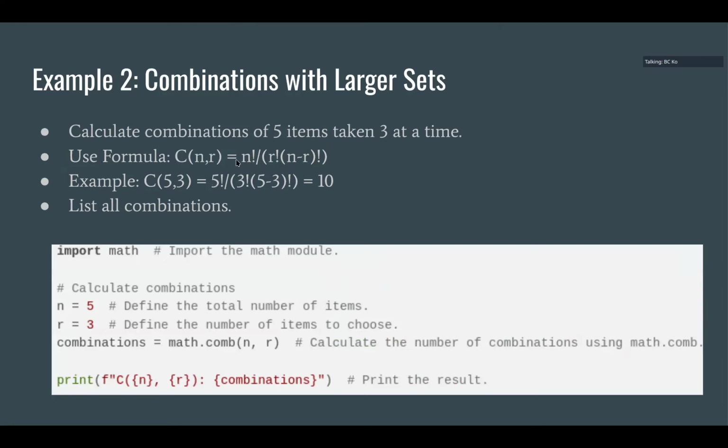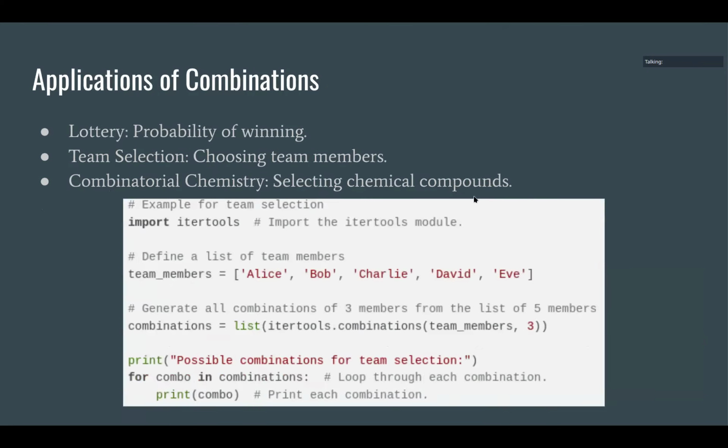By plugging in these values, you get 5 factorial divided by 3 factorial times 5 minus 3 factorial, which comes out to be 10. So there are 10 combinations, which includes sets like 1,2,3; 1,2,4; 1,2,5, and so on.